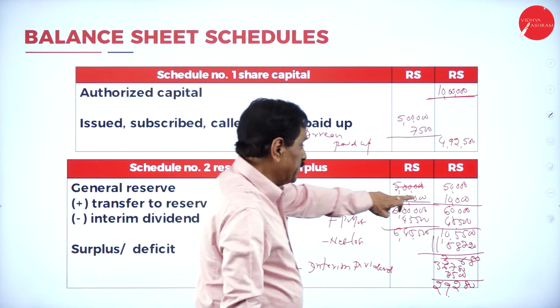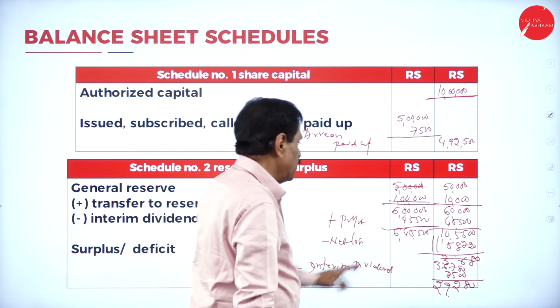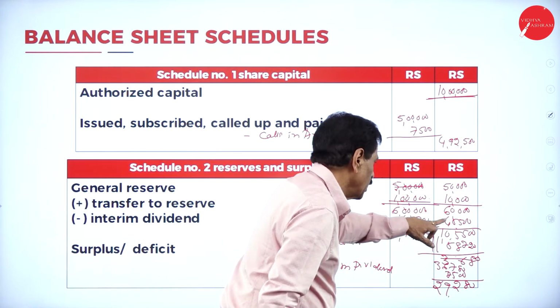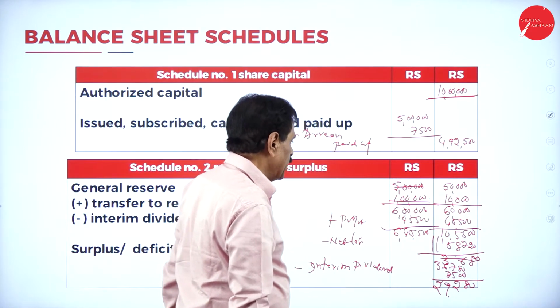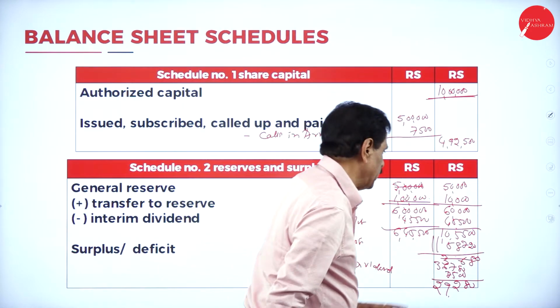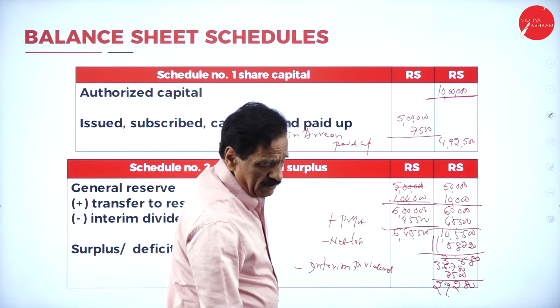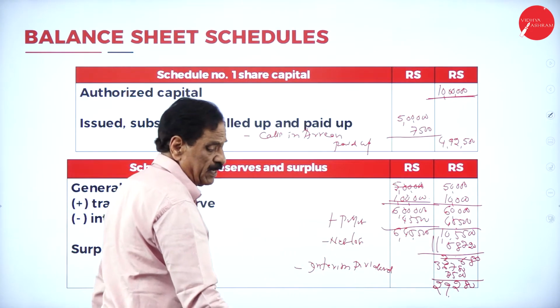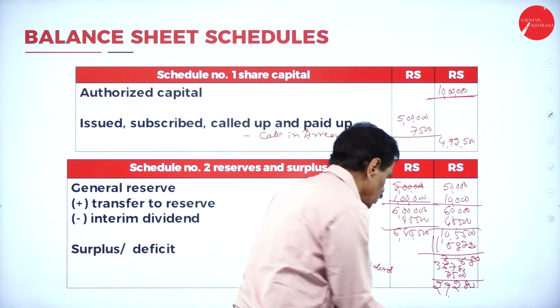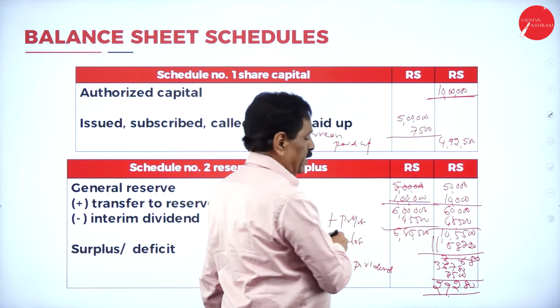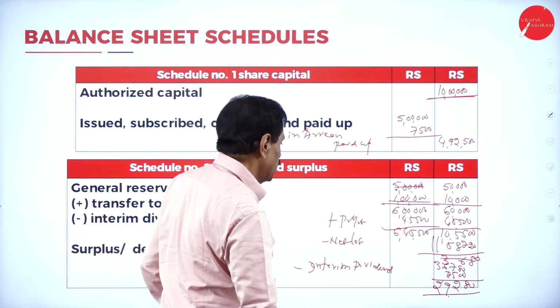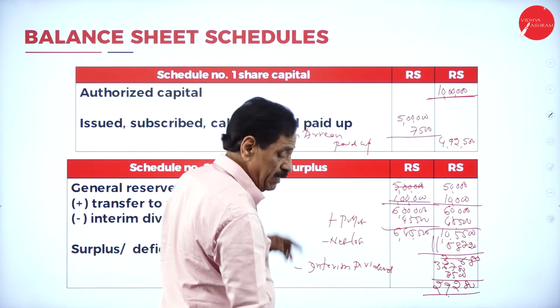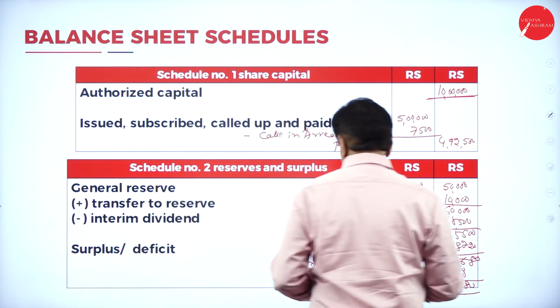So 50 plus 10, 60,000 plus 45,500, 1,05,500. Your net loss is 58,720, 36,780 minus interim dividend 7,500. It will come 29,280. That's all the figure here. 29,280 will come.